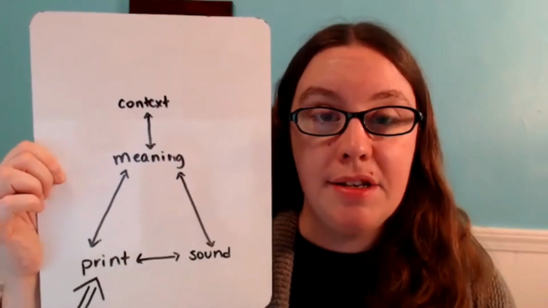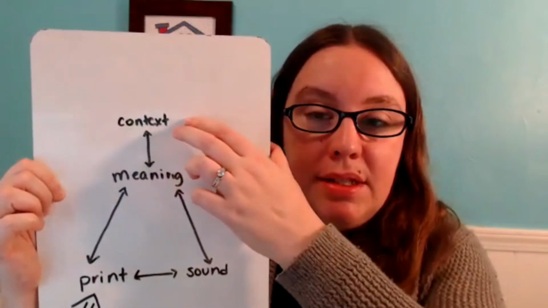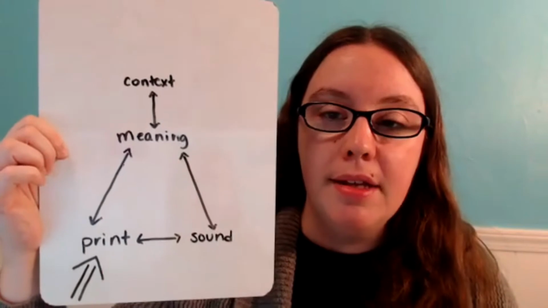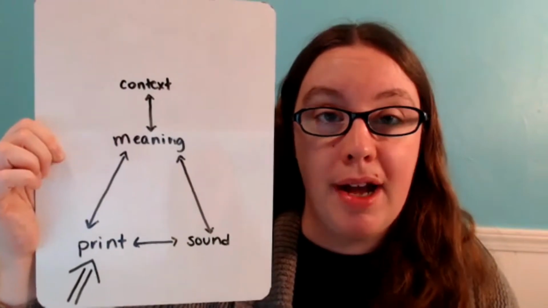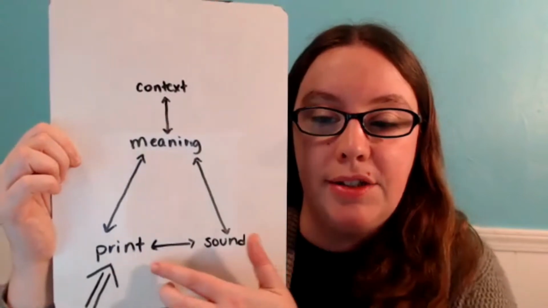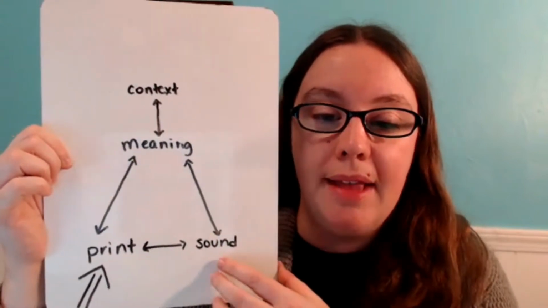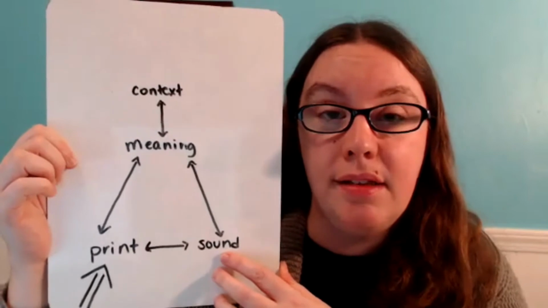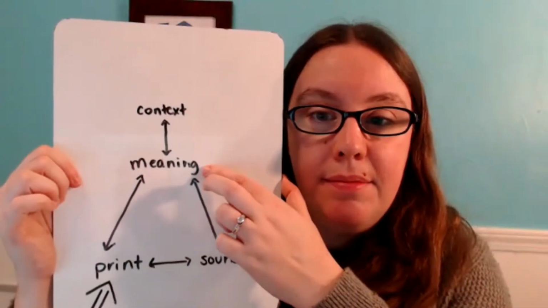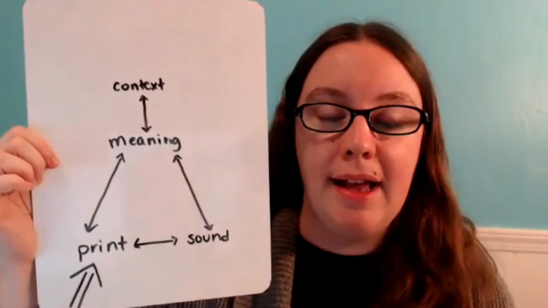So if they're not doing that, then this piece is broken, or somewhere down at the bottom here is broken somehow as well. So this is sort of how the process works and how the brain reads according to this model, starting down here with the print, and then changing those letters in their brain into the sounds of the word, and then connecting it with the meaning and checking it in context.